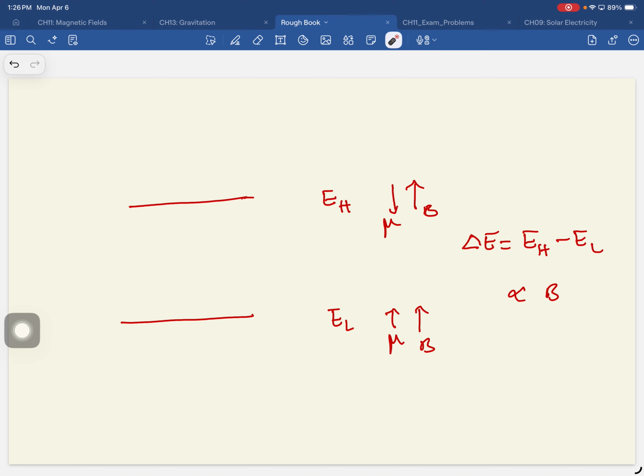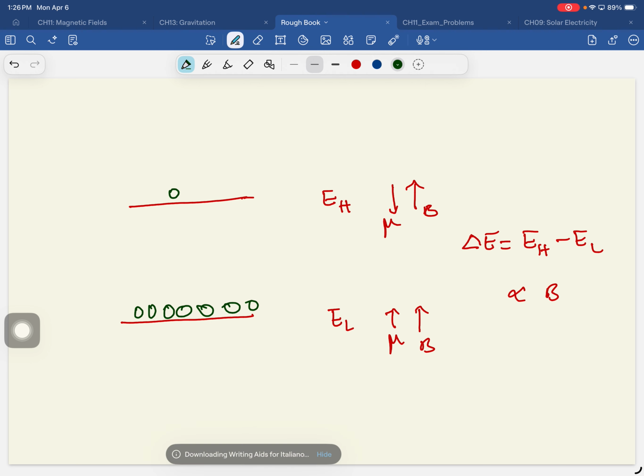Now, under normal circumstances, there are more protons in the low energy configuration and fewer protons in the high energy configuration.